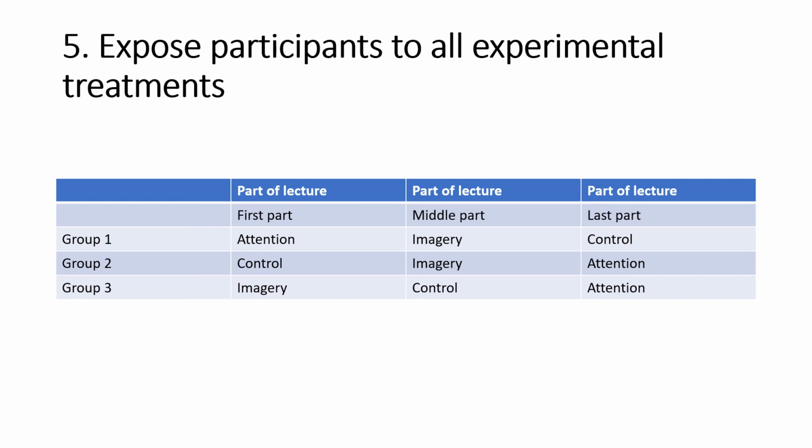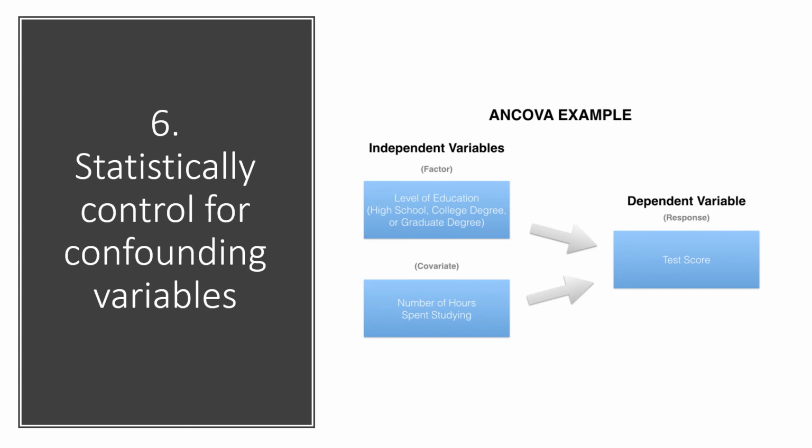Sometimes researchers use a sample strategy with just a single group and in some cases with just a single individual. The final strategy is of course statistically controlling for confounding variables. Sometimes researchers can control for known confounding variables at least in part through statistical techniques.